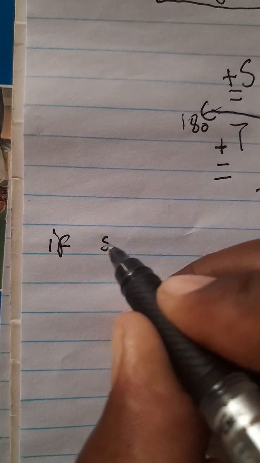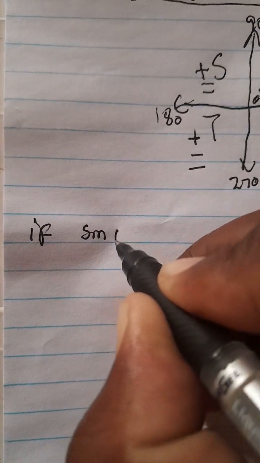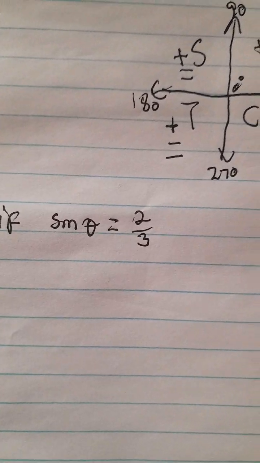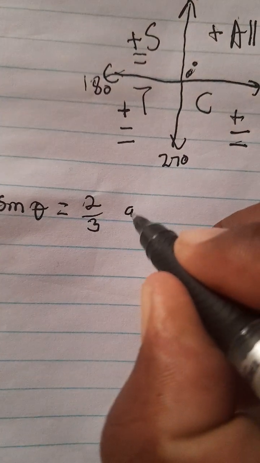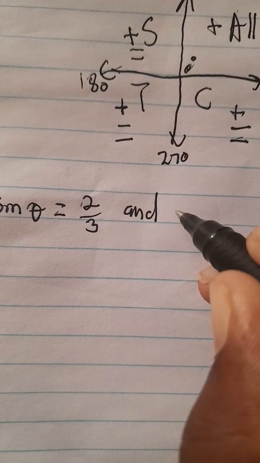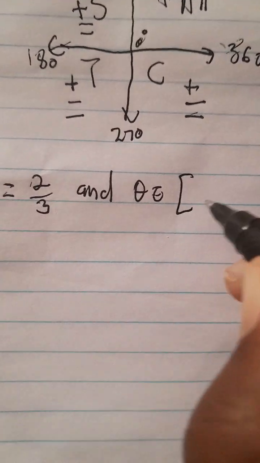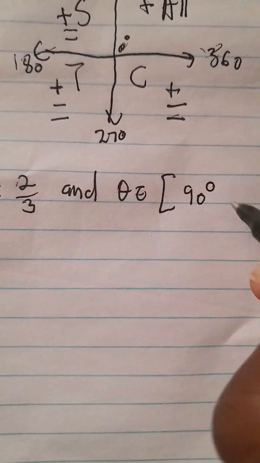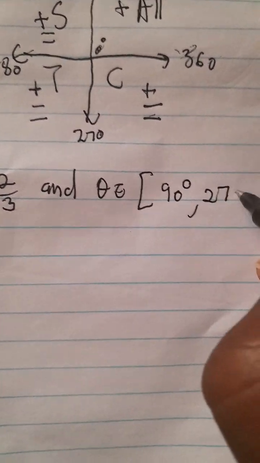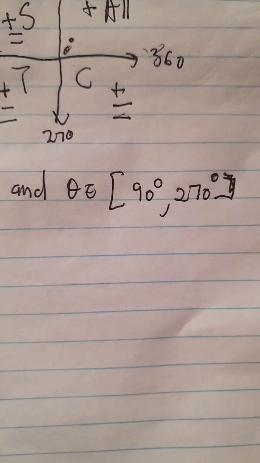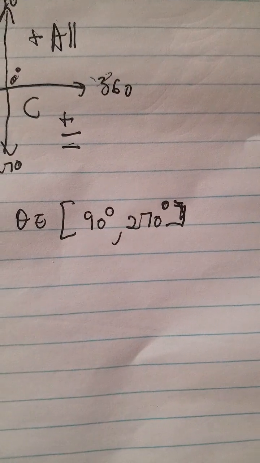So let's consider: if sine theta is equal to 2 over 3, and we are told that theta is an element of the open interval 90 degrees and 270 degrees. Is that the restriction that we're given?